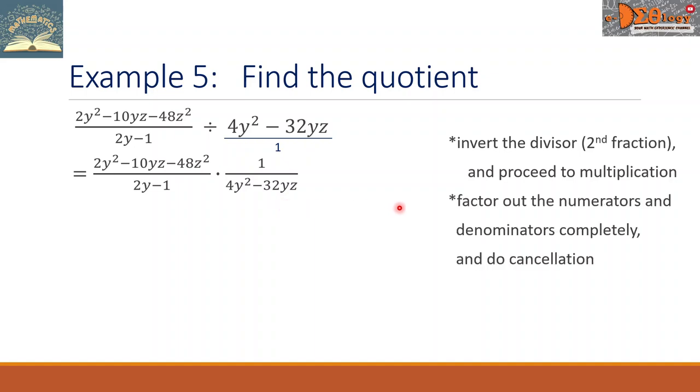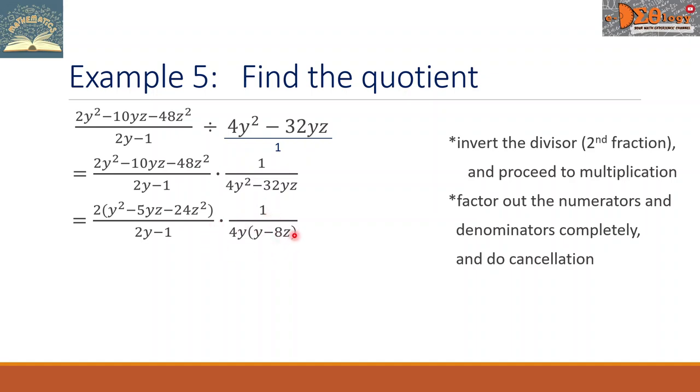Now we factor out the numerators and denominators completely and do cancellation whenever it's possible. First, in the numerator here, a common factor is the constant 2. So 2 comes out times the quantity y squared minus 5yz minus 24z squared, all over the same denominator, times the numerator 1.